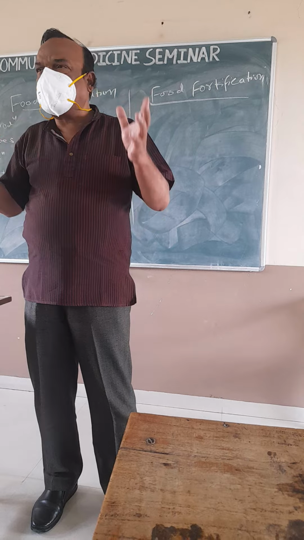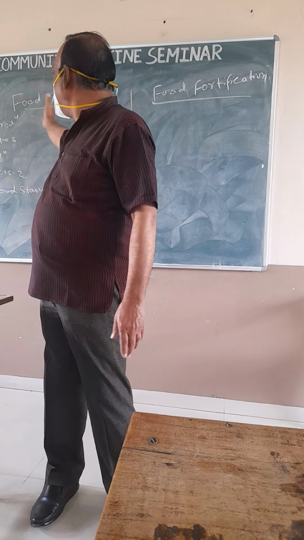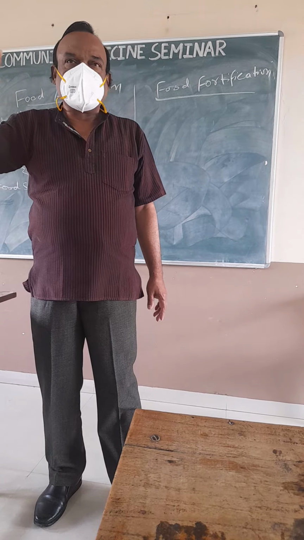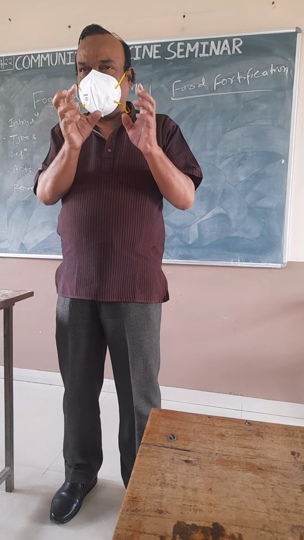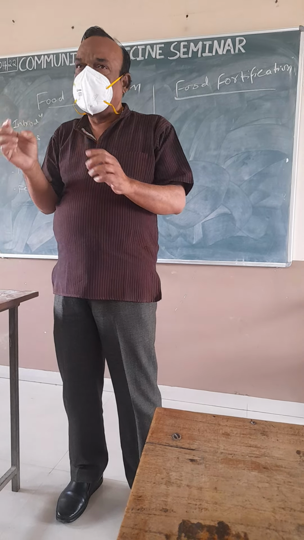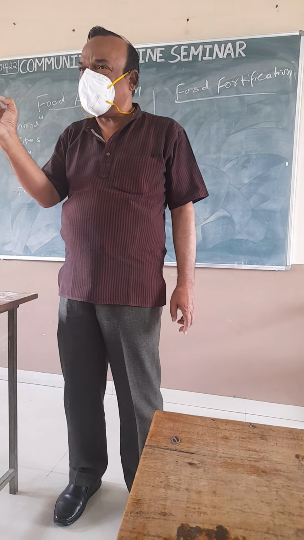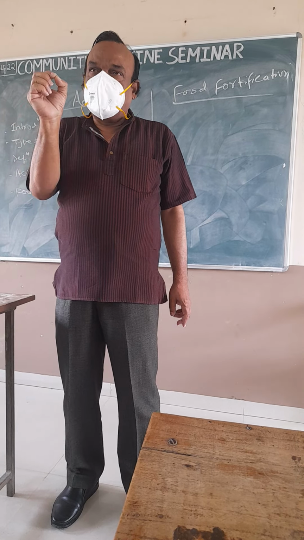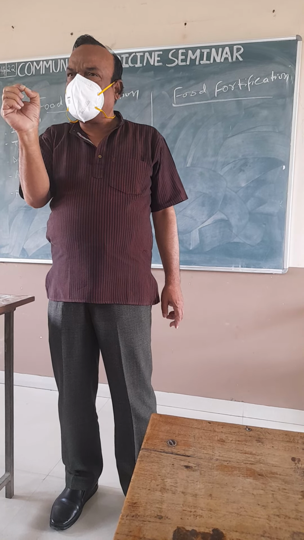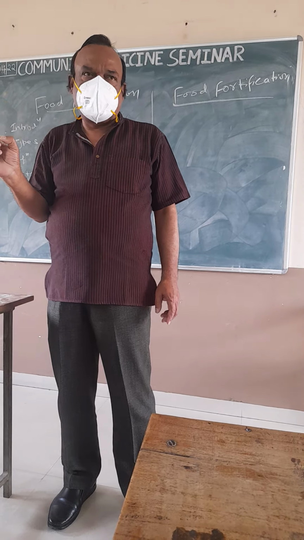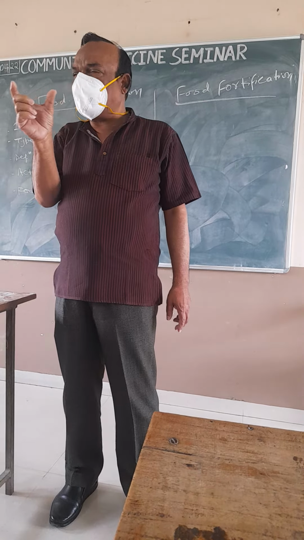So what are the things which are added as food adulterative material? What is added in cereals or rice? Small pieces of stone, plastic pieces, even small pieces of wood are added. Instead of turmeric powder, brick powder is added.